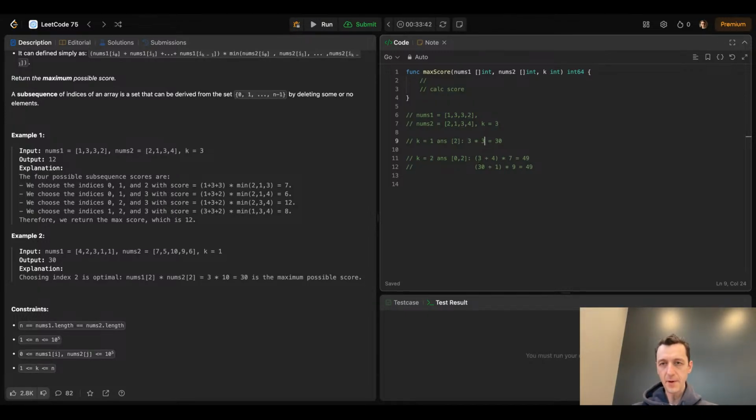It will be 3 by 3, which is 9. K2, the biggest one will be 2 and 4. But we need to calculate together.